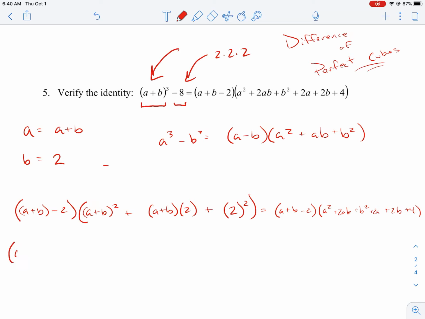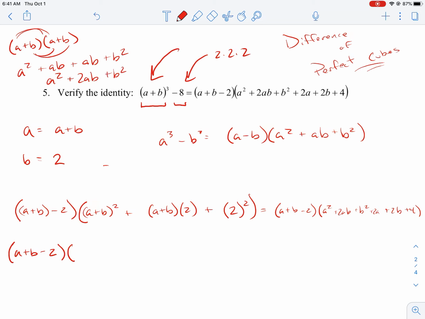Let me take out some parentheses in this first one, because I don't need those parentheses in between the a plus b and the negative 2 anymore. Now, a plus b squared, if you look at the top corner here, I'm going to do that for you real quick. We have to expand this guy, right? So a times a is a squared, a times b is ab, b times a is still just ab, plus b squared. Simplify, we get a squared plus 2ab plus b squared.